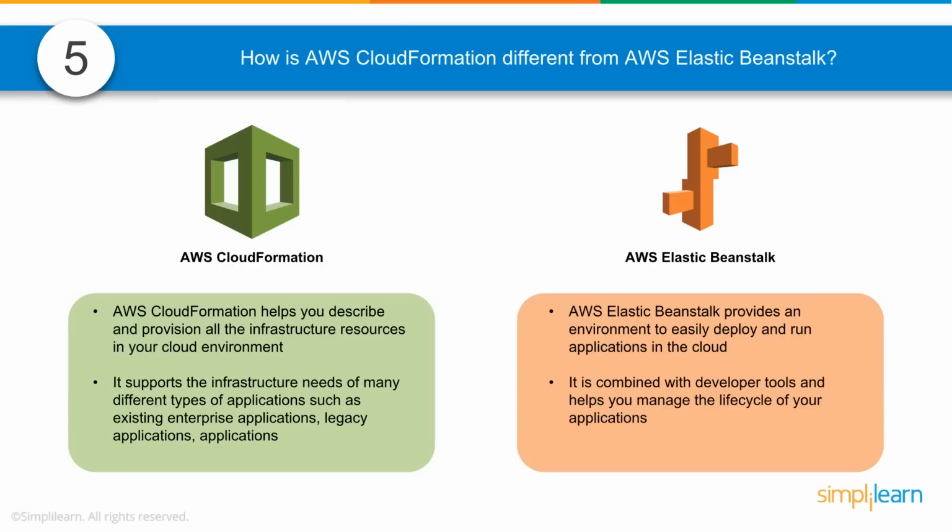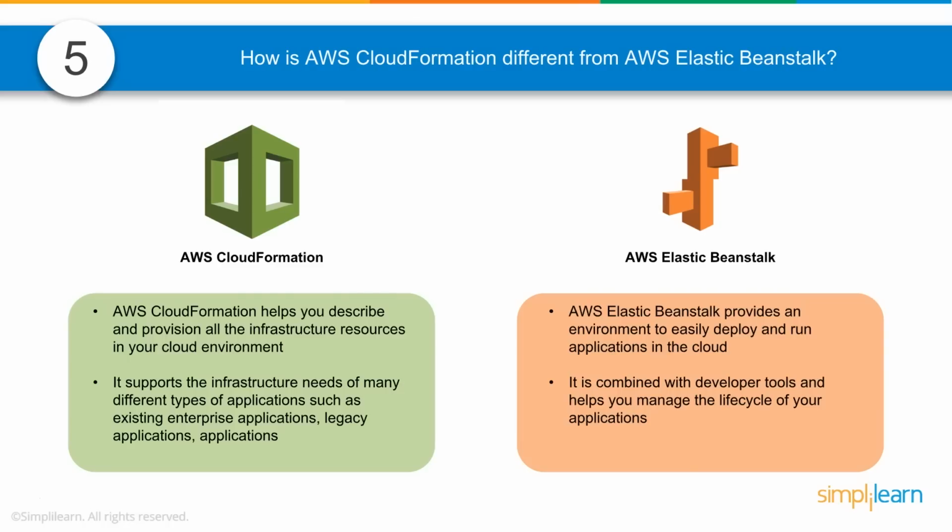CloudFormation gives us an infrastructure, and Elastic Beanstalk gives us a small contained environment in which we can run our application. And CloudFormation supports the infrastructure needs of many different types of application, like enterprise applications, legacy applications, and any new modern application that you want to have in the cloud.